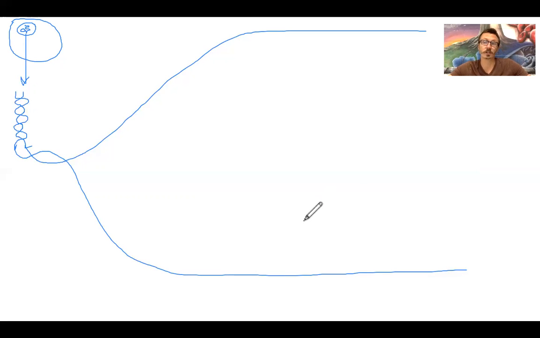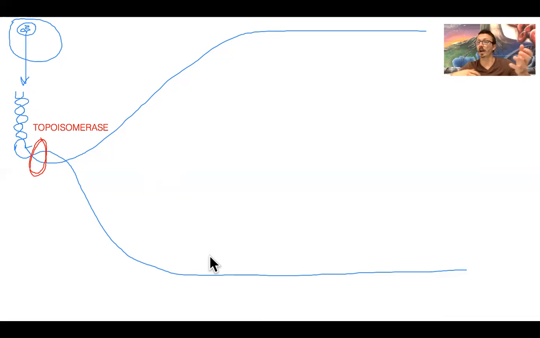Now, the first question is, how is this being done? Well, let me change colors. There is one enzyme upstream that's kind of holding everything still, right? And that is topoisomerase. This enzyme is just kind of holding everything still while we are separating those hydrogen bonds and then adding the new nucleotides.